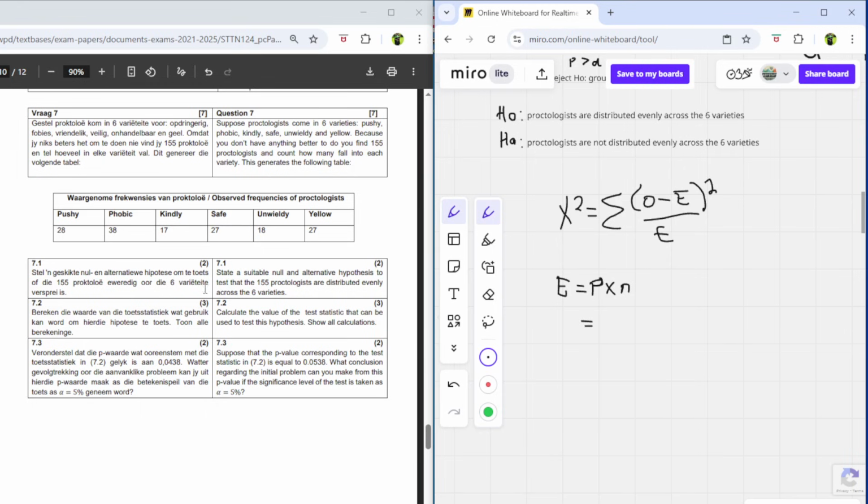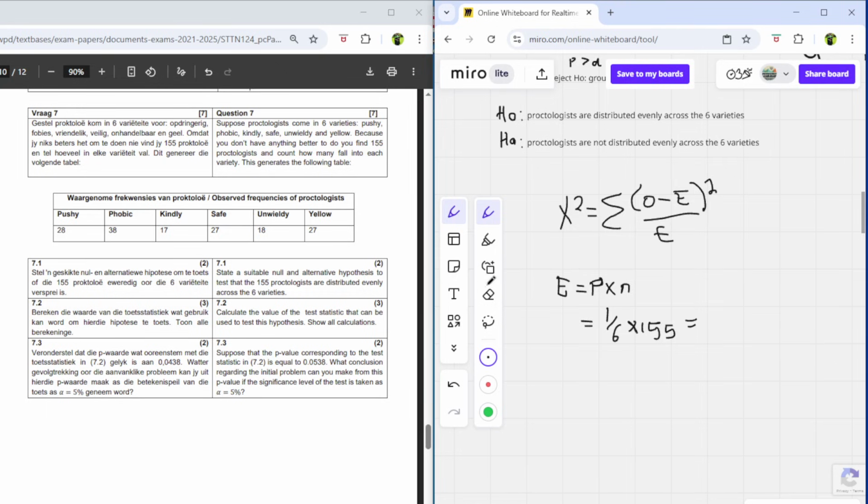So we believe that it's 1 over 6 for each and every one of them. 1 over 6 is our proportion multiplied by 155, and the answer we get is the expected frequency for all the varieties.